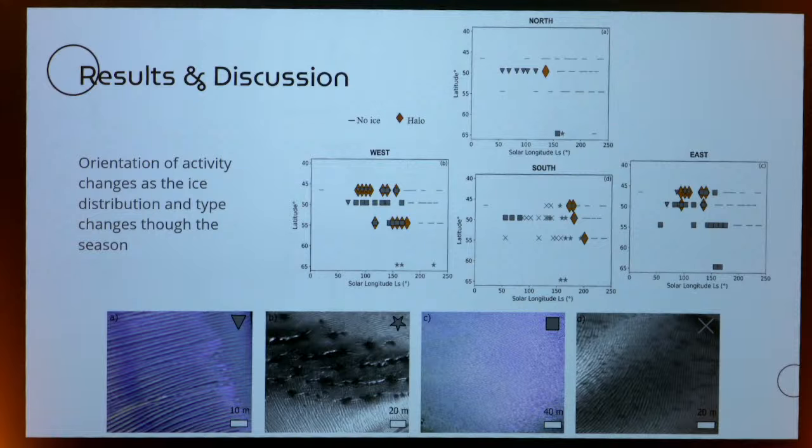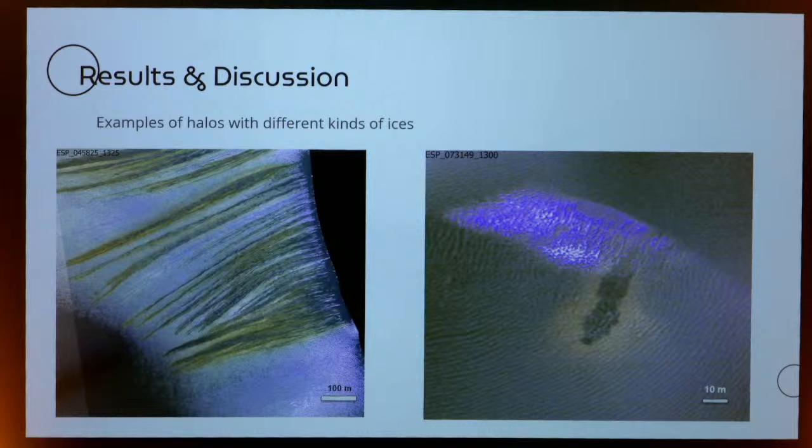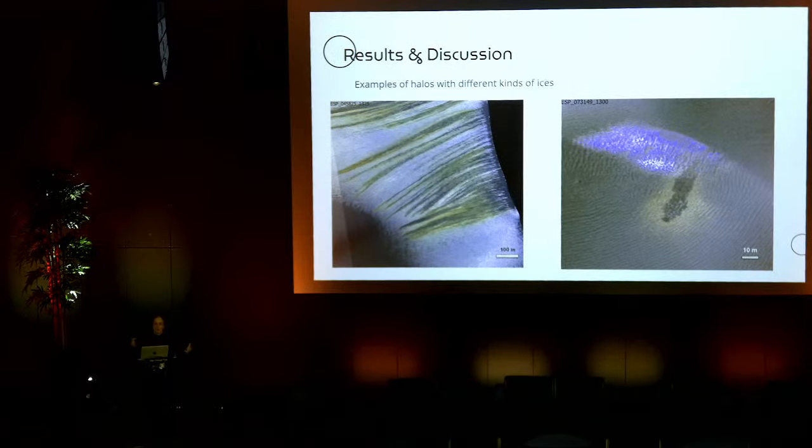To give you a more concrete example of this is 2 contrasting types of activity. So on the right-hand side, you have what is very typical of the last activity in the season. That is the very last remaining CO2 ice at the top of the slope. That's probably collapsing due to gravitational processes or maybe wind, triggered by wind, and then that falls down the slope on the hot slope underneath it and then carries on fluidized down the slope, emitting the halo.